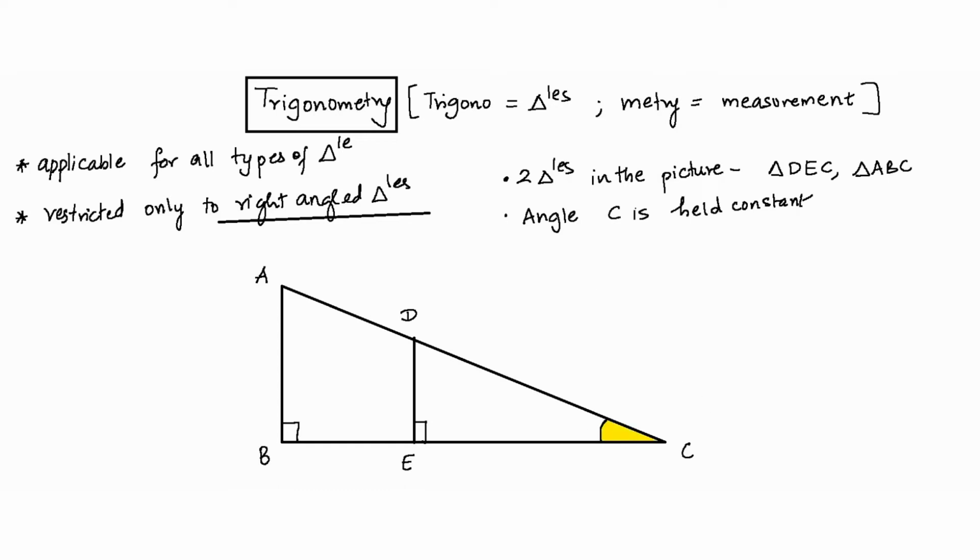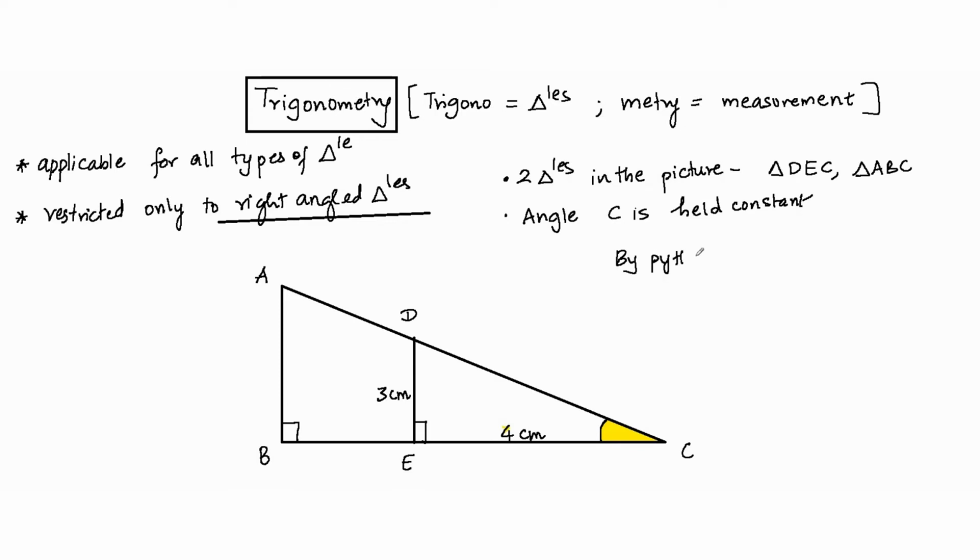Now, assume that EC is of length 4 centimeters and DE is of length 3 centimeters. Using Pythagoras, I definitely know how to find the value of DC.